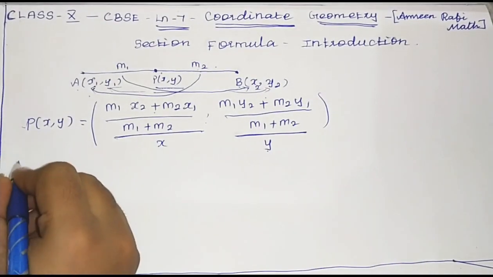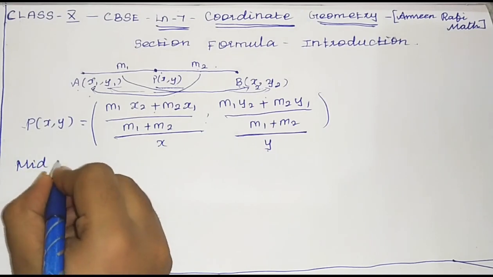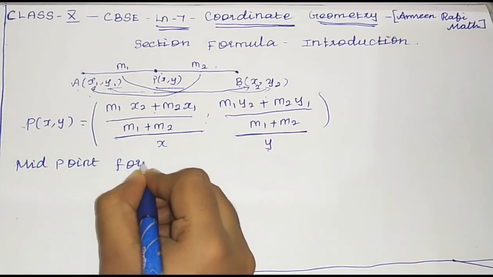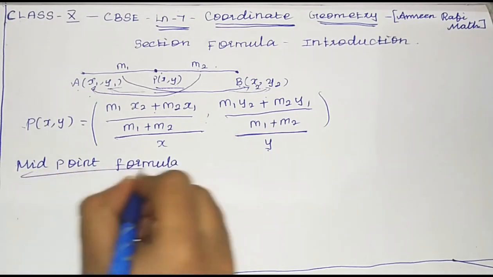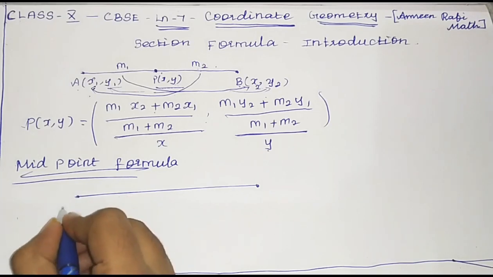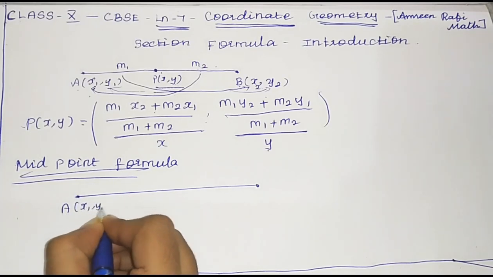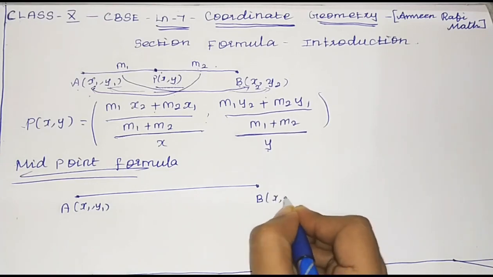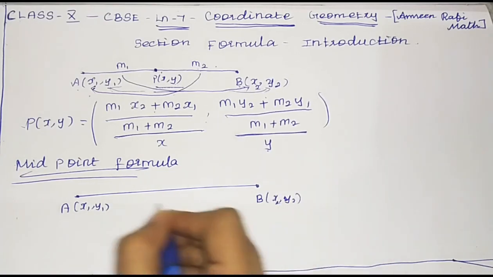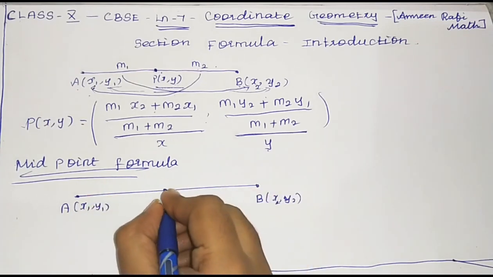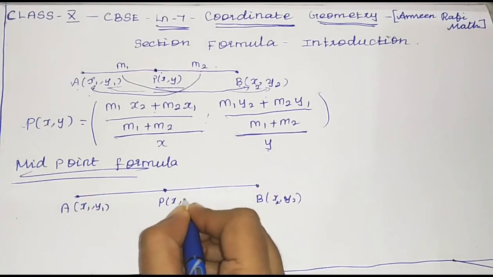Now the midpoint formula. In the section formula itself, we are learning the midpoint formula. Suppose on a line, one point I consider x1, y1, and another point x2, y2. Now I am keeping one point in the middle of the line, so this one I consider P of x, y.